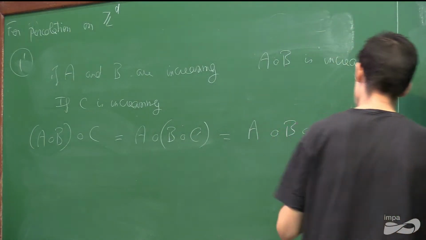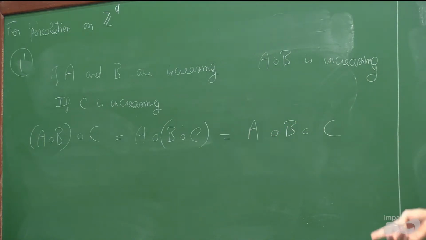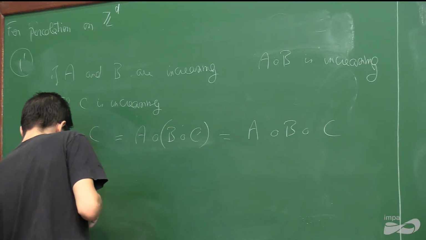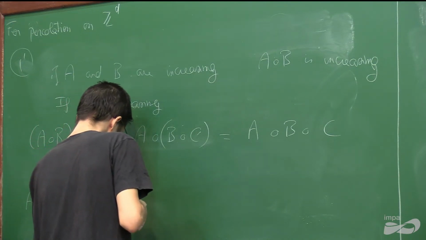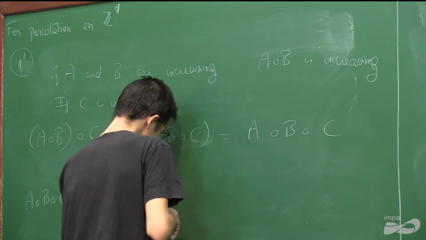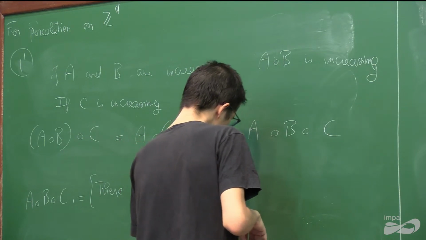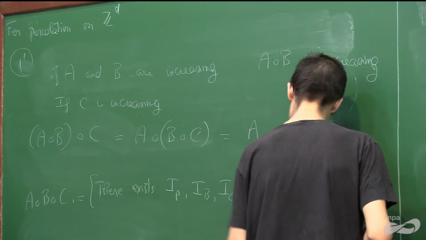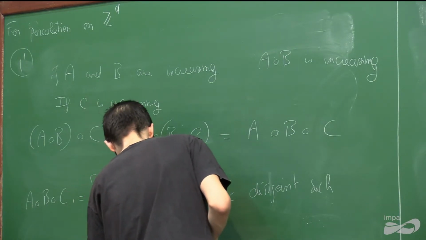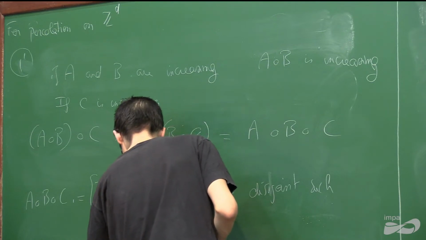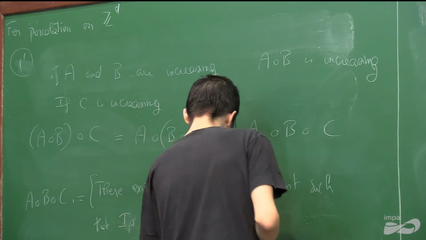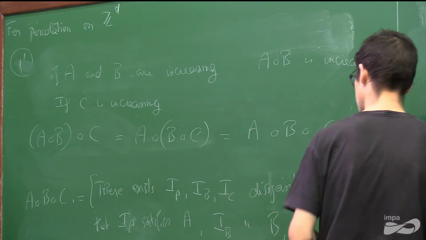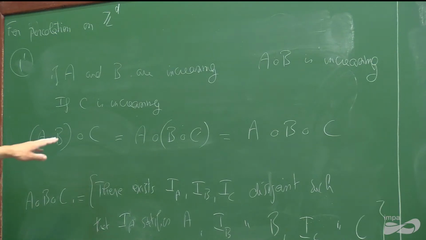And if I write this without parentheses, the natural definition that I would give to this would be: there exist YA, YB, YC disjoint such that YA satisfies A, YB satisfies B, and YC satisfies C. So the fact that this is true is quite natural.